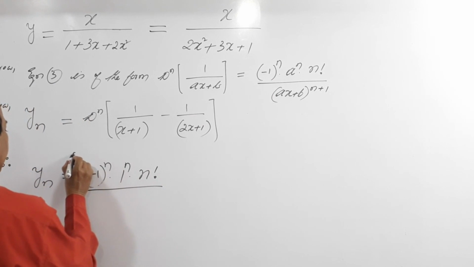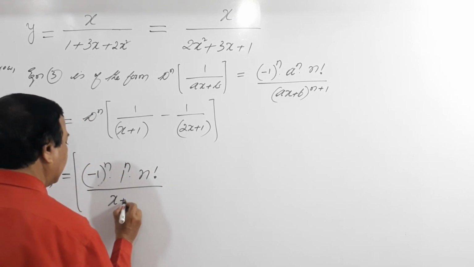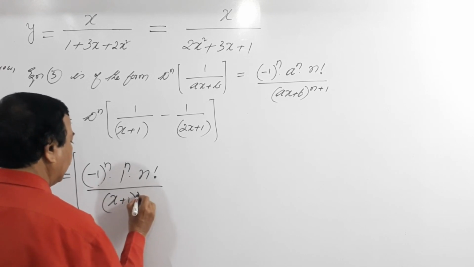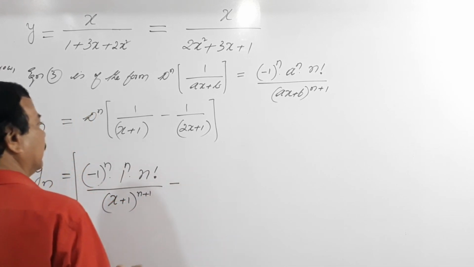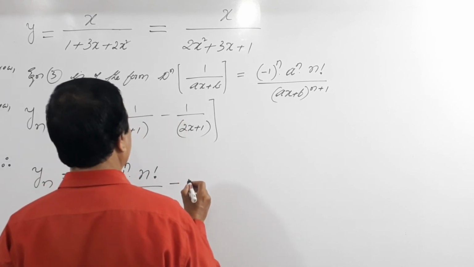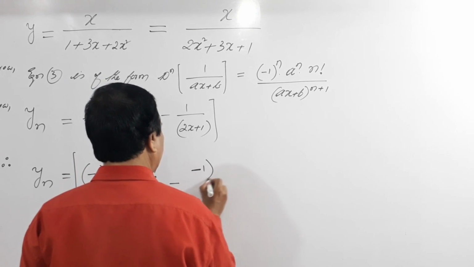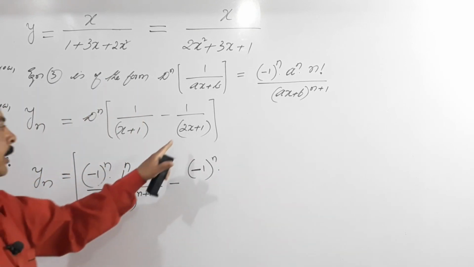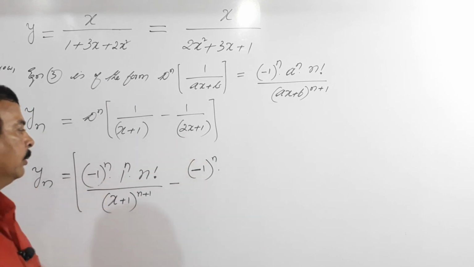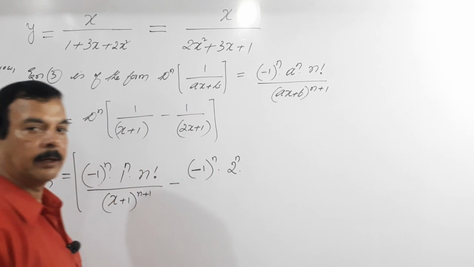divided by x plus 1 whole to the power of n plus 1, minus, that is, minus 1 to the power of n, and here the coefficient of x is 2 and this becomes 2 to the power of n.